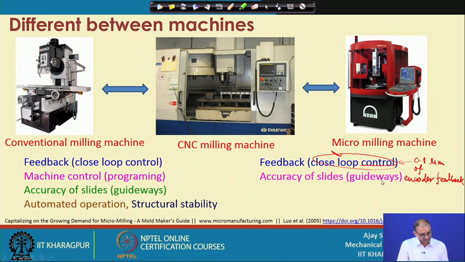Accuracy of the slides and guideways is, when you are moving in the x and y direction, with what particular accuracy you are moving. Suppose this is your starting position, and you want to move to this position, that is your target. When you are reaching there, how close you are reaching is given by the accuracy.